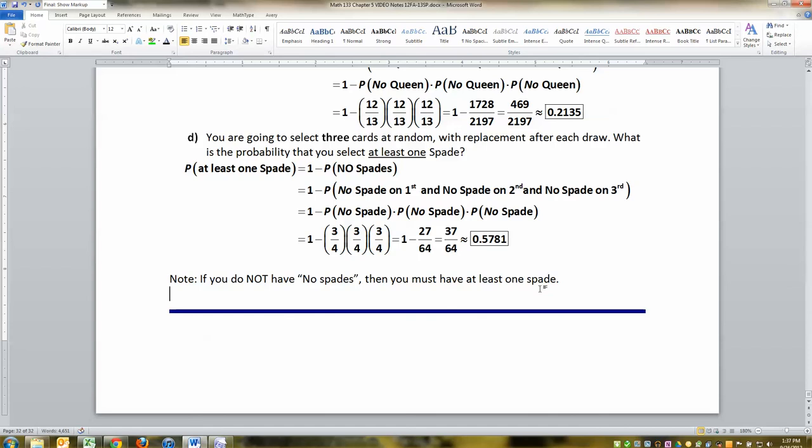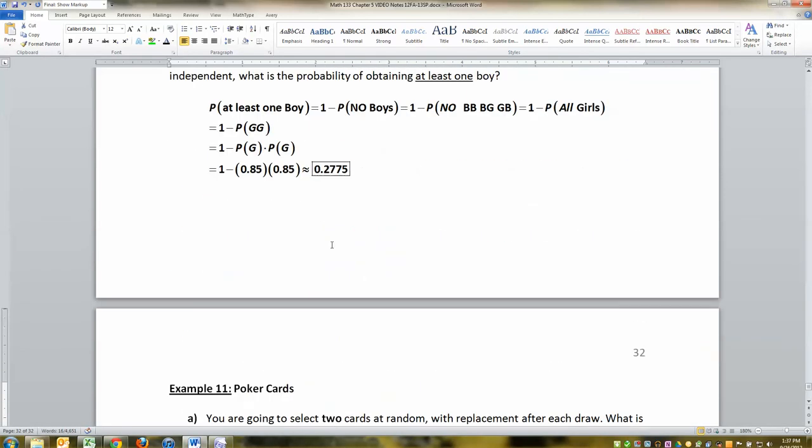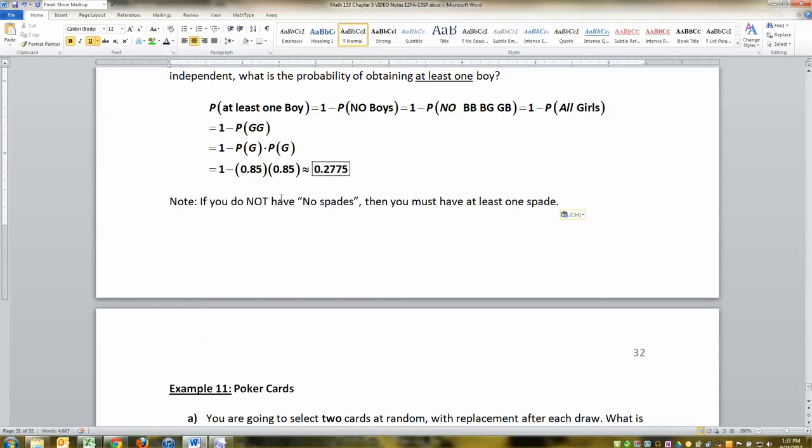If you do not have no queens, here, let me put it this way. Let me do it with, I'll skip the queens. Let's go back to the kids here. If you do not have no girls, right? Or no boys. So if you do not have no boys, so here's no boys right here. If you do not have no boys, then that means you must have at least 1 boy, right?